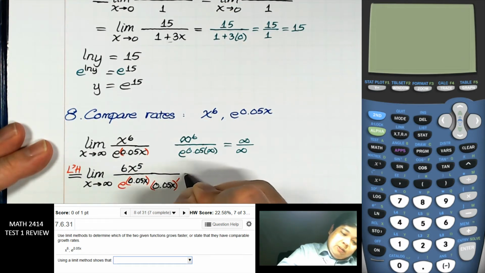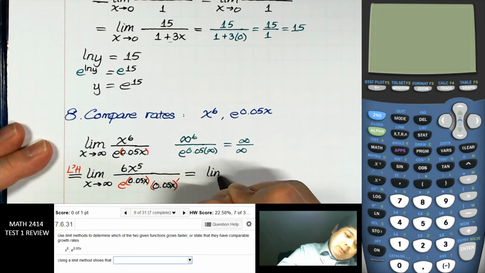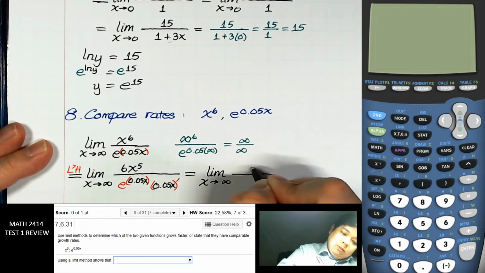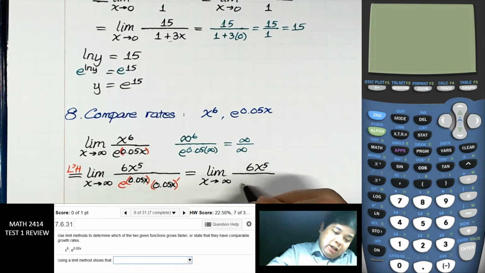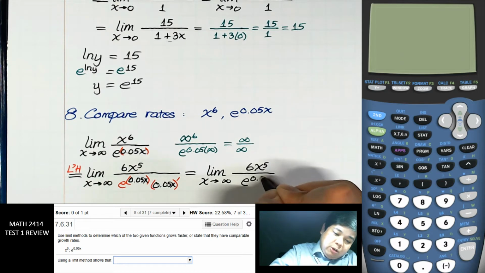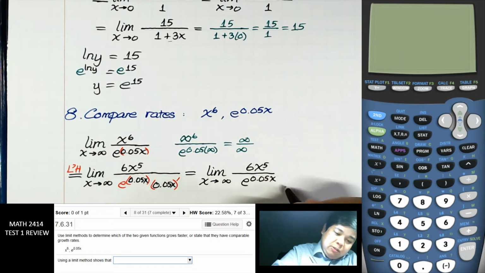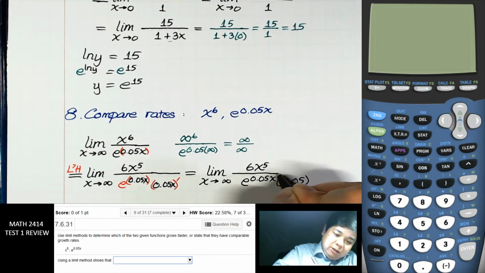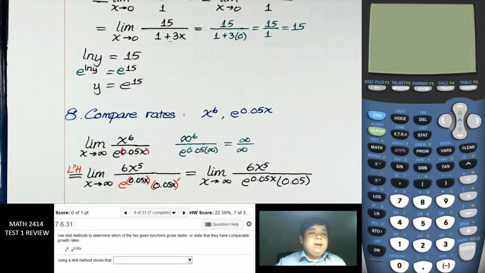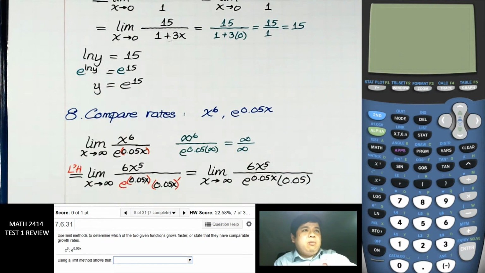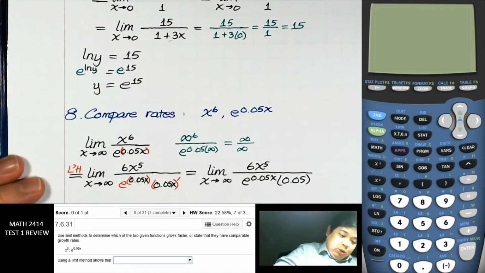So we have 6x to the 5th and e to the 0.05x times 0.05. Right, the 6 divided by 0.05. Certainly we can simplify, but we don't have to do that.